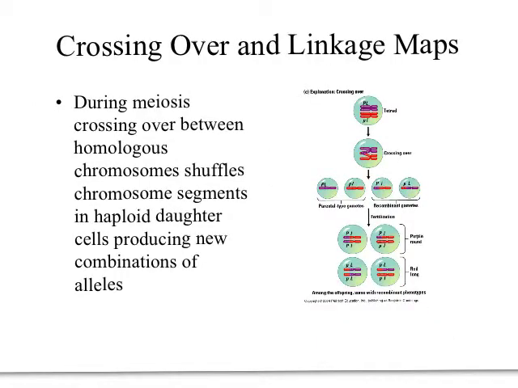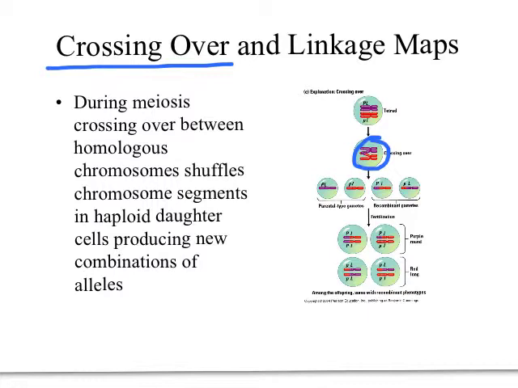We've already talked about this one when we talked about meiosis, but remember the concept of crossing over. During meiosis, when the tetrads of the homologous chromosomes come together in metaphase 1, we can get the breaking apart and recombining of different genes on the sister chromosomes.